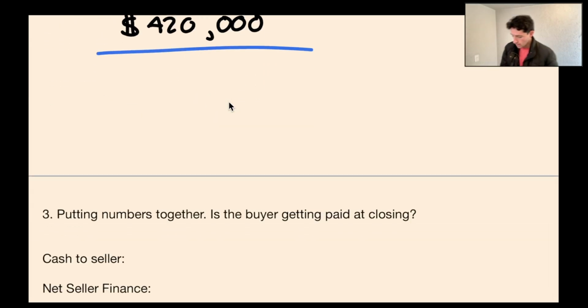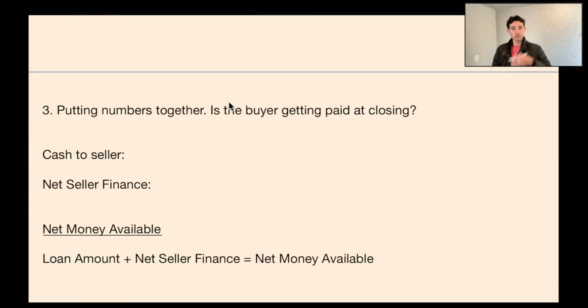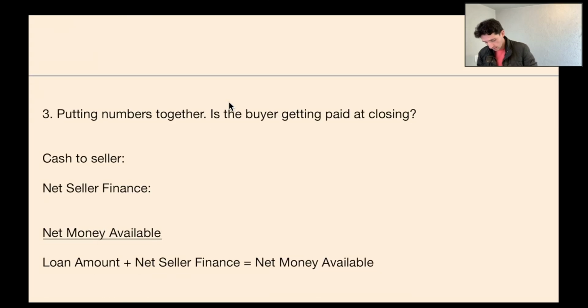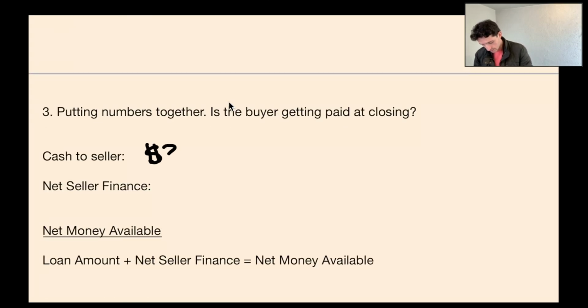Perfect. My next step is, now it's time to put the numbers together based on what the seller wants, okay, and see if the buyer is getting paid at closing. Let's see. So based on what the seller wants as a down payment and the equity we have, okay. So cash to seller, we said that is $200,000.